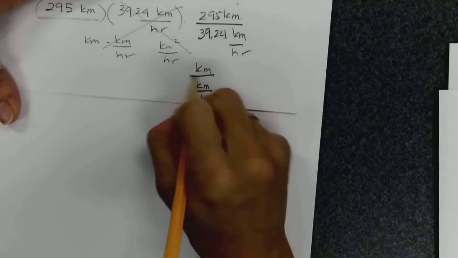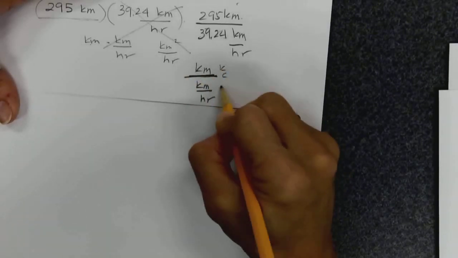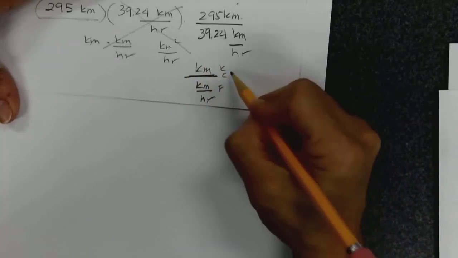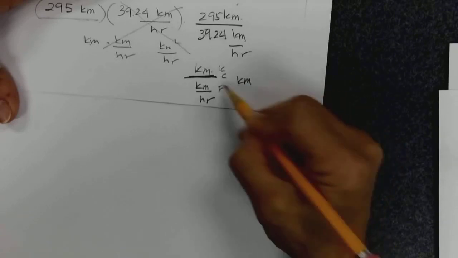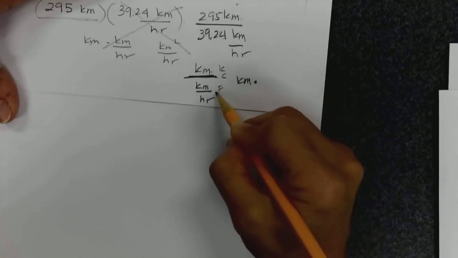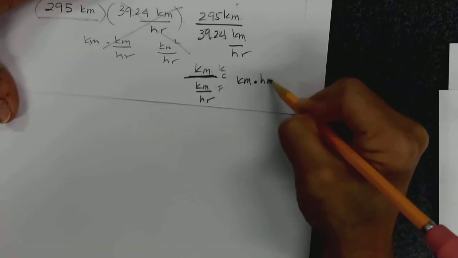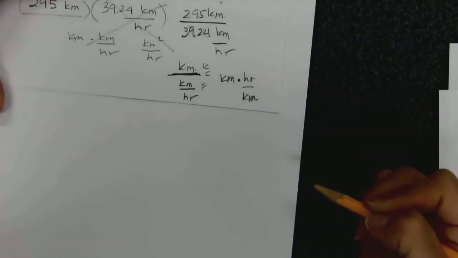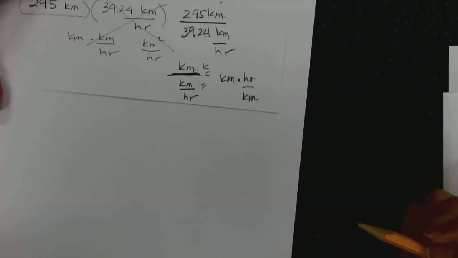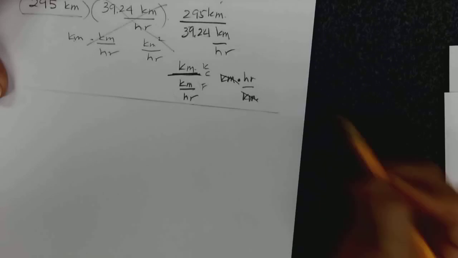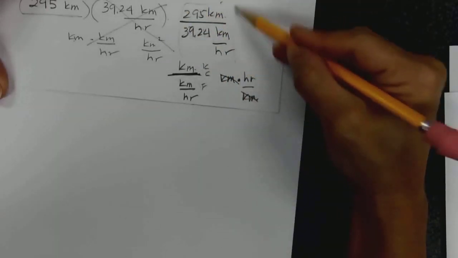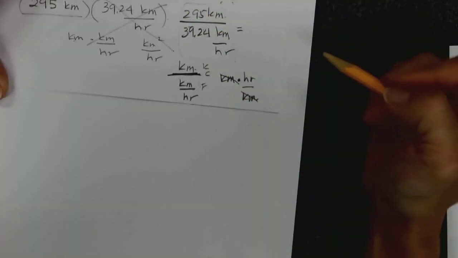Well, let's check. This is a keep, change, flip. This is a fraction. You keep this, change that into a multiplication, and if I flip this, hours over kilometers, what happens to my kilometers? They cancel out. So yes, you do divide.